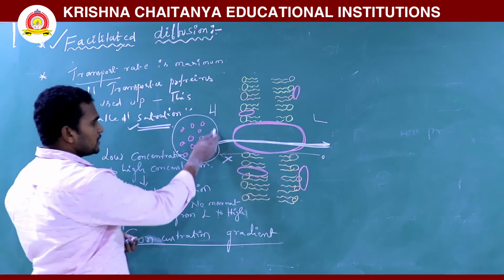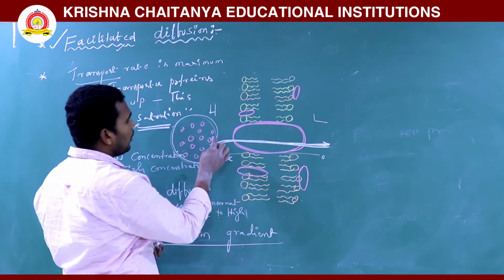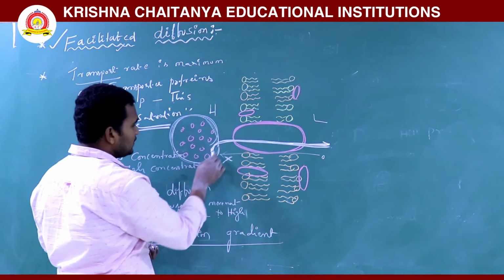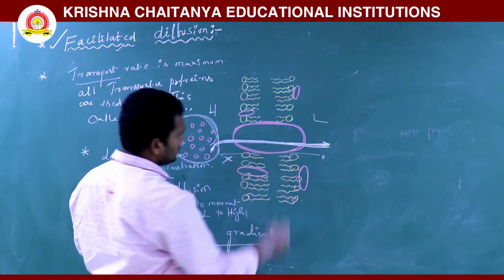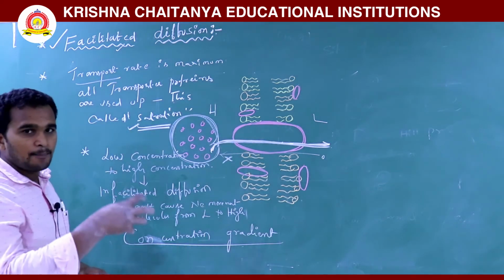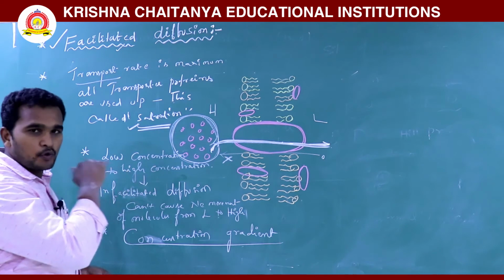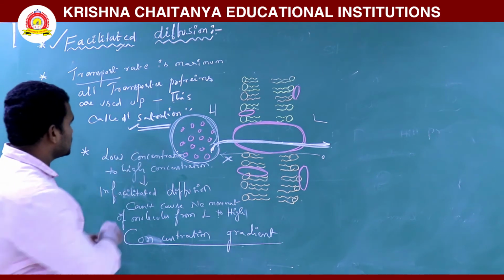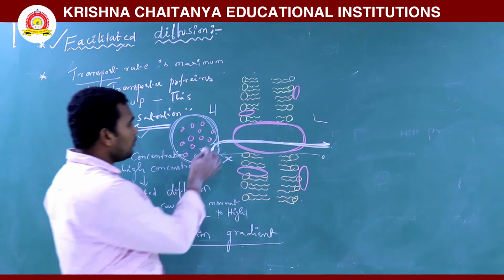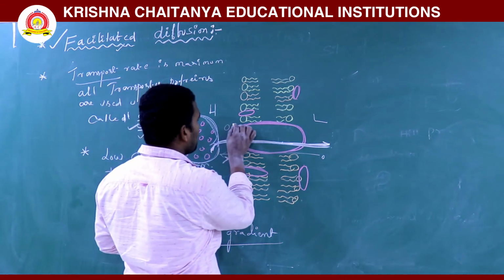All substances are transporting through the transporter. These substances continuously pass through the transporter protein. When the transporter protein is completely used up, the protein will be saturated. That is called saturation. It allows only some selected particles.